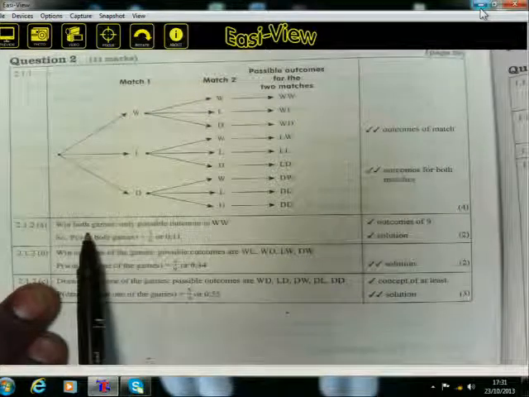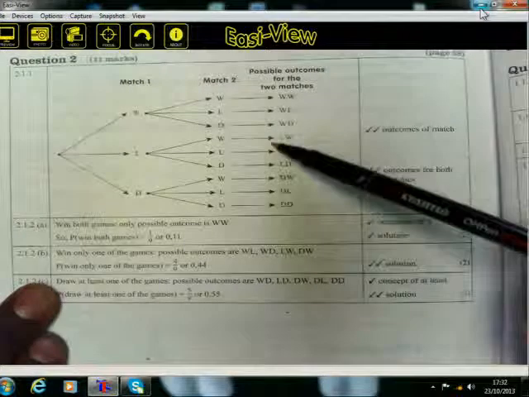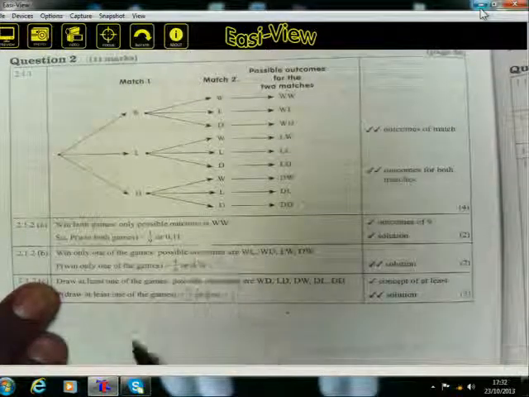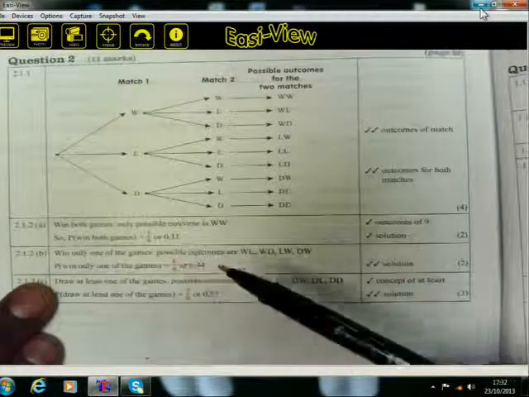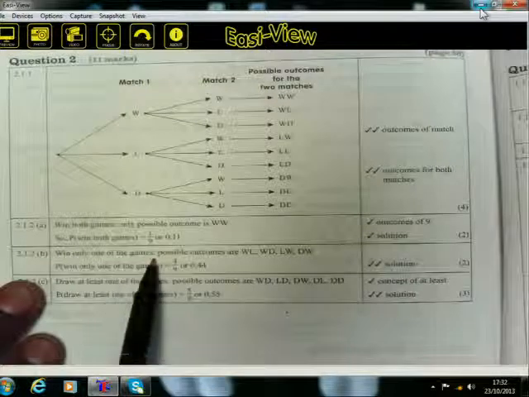Now, the question says, win both games. Let's have a look here. You just check where you see WW. Only here, 1. Now you look at outcomes. How many outcomes are we having? 1, 2, 3, 4, 5, 6, 7, 8, 9. That means it is 1 over 9. Next, win 1 game, where you see only 1 win.